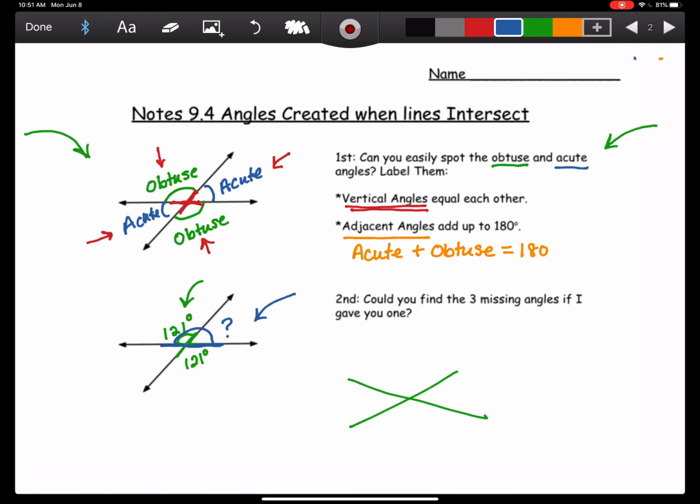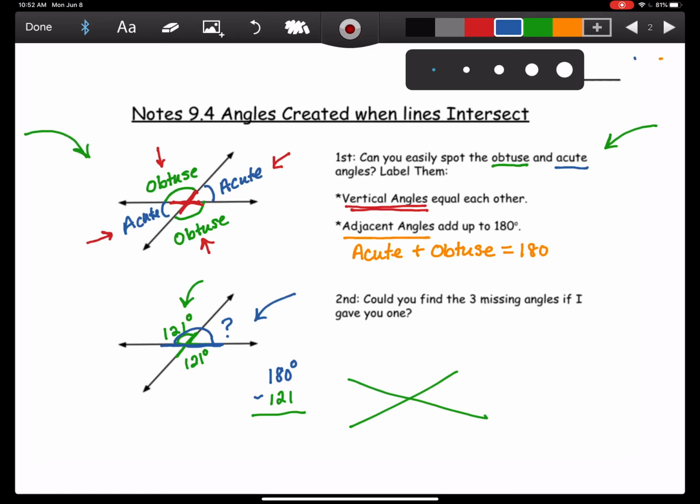How do I find this one? Well, that's easy. I just take what I know about a half circle or a straight line. I know that it equals 180 degrees. I subtract the obtuse angle, which is 121, and I get my acute angle. So 10 minus 1 is 9. 7 minus 2 is 5.